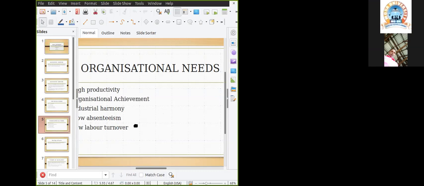So it is important for the organization, if the organization wants to meet these needs, the organization should also look at the individual needs. Strike a balance: by meeting the individual needs, you find that the organizational needs will be met.